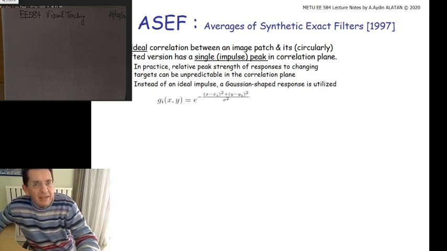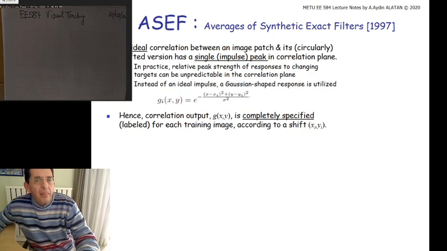This is the Gaussian shape, and what I'm saying is: I'm going to try to find an output g of x,y, which will be completely specified for every training data according to the shift that I know.